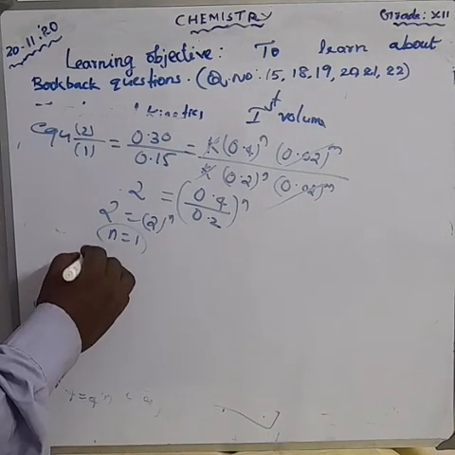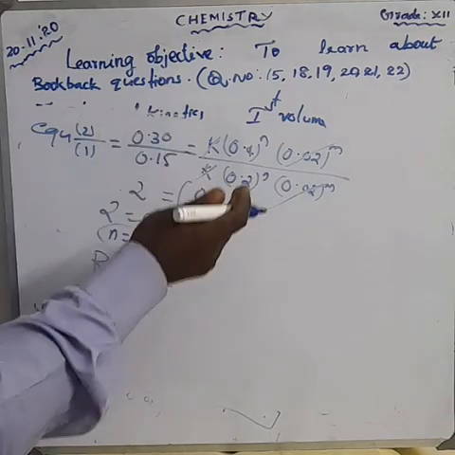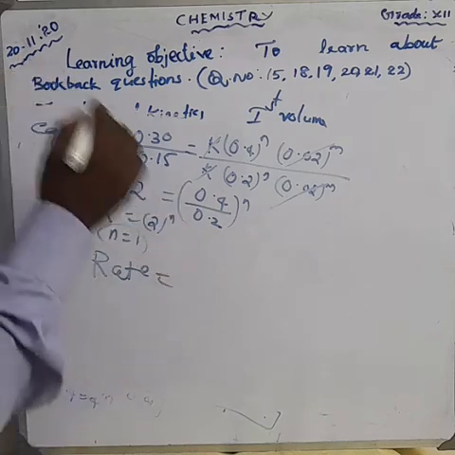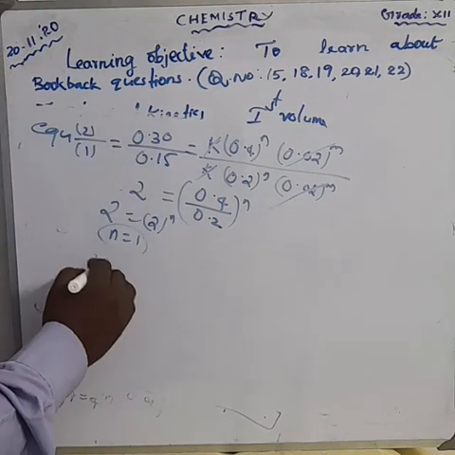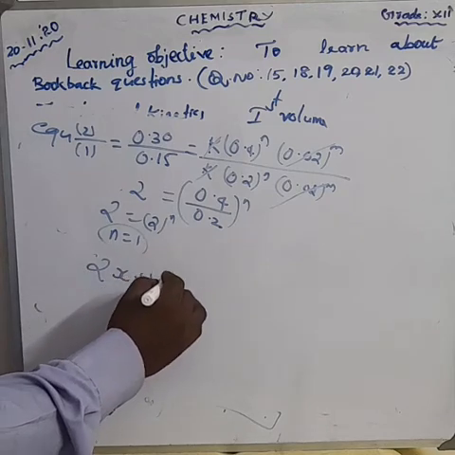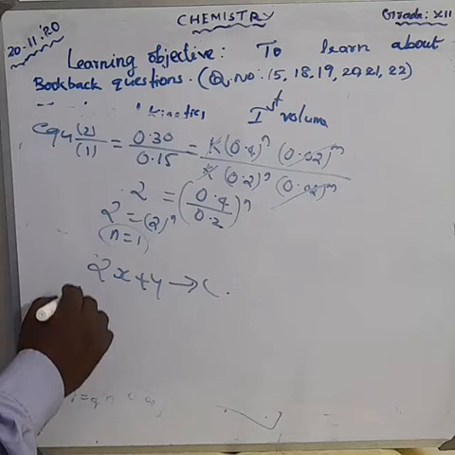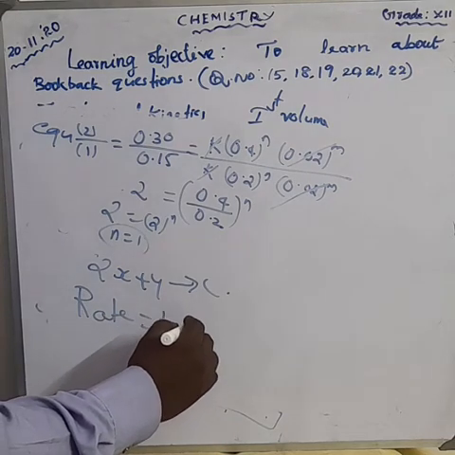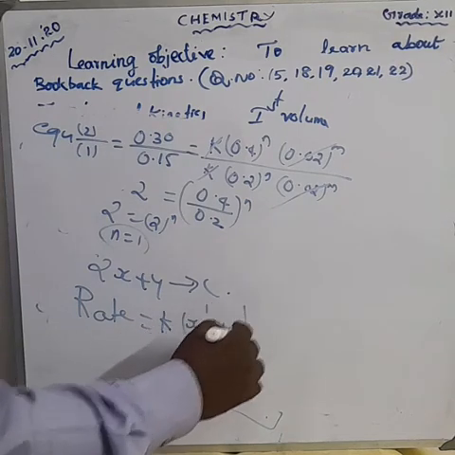Rate is equal to, as per the equation. What is the equation? You wrote the equation. First write the equation: 2x plus y gives l. Okay, so we can write the rate. Rate is equal to k into x1 y1.